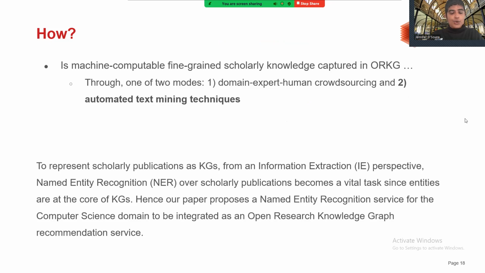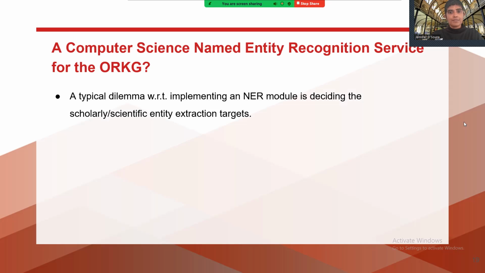To represent scholarly publications as knowledge graphs, from an information extraction perspective, named entity recognition, or NER, over scholarly publications becomes a vital task, since entities are at the core of knowledge graphs. Hence, our paper proposes an NER service for the computer science domain to be integrated as an ORKG recommendation service.